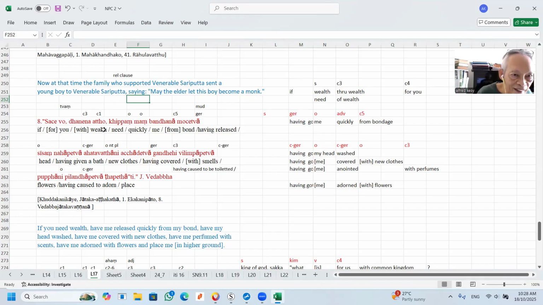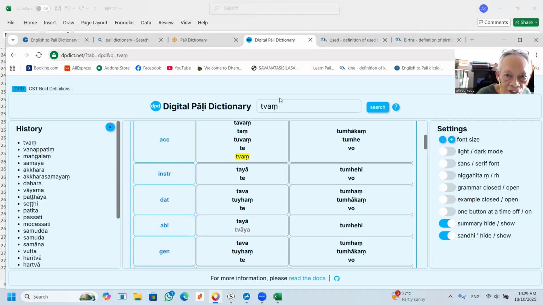You see here, can you see the word "attho"? "Attho" has multiple meanings. So normally this is a subject. "Attho" can be a well, can be needs. So we verify this because this translation is not going to be straightforward. "Attho" can be gains.